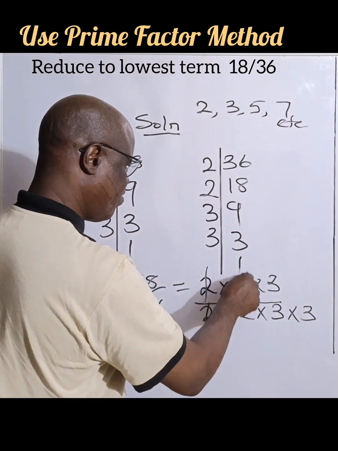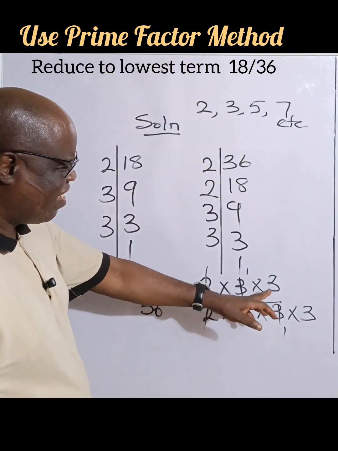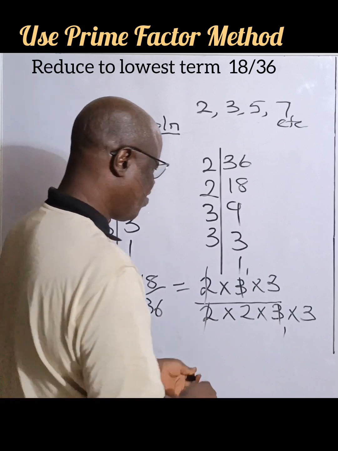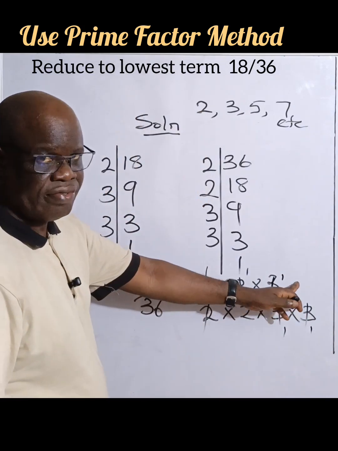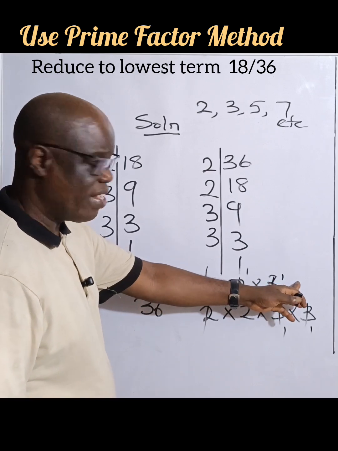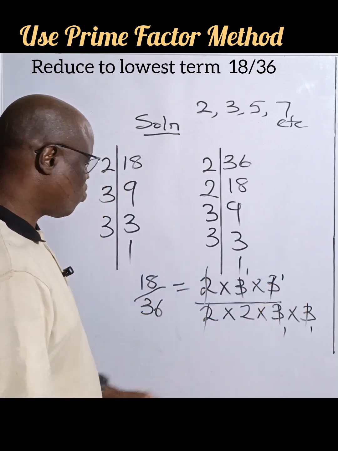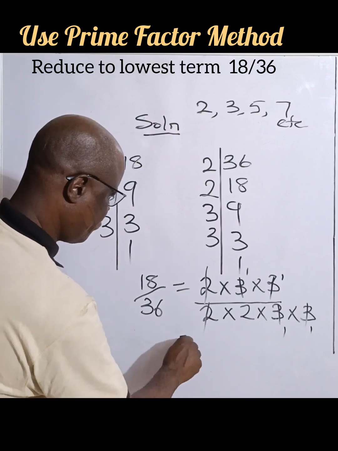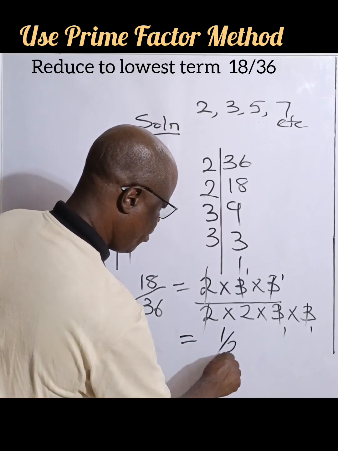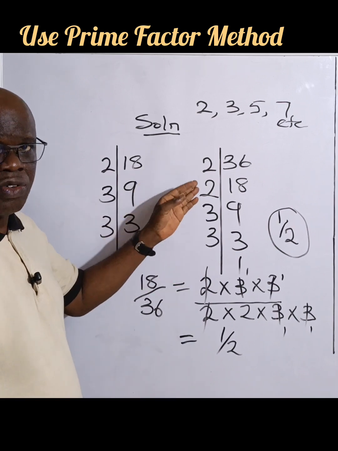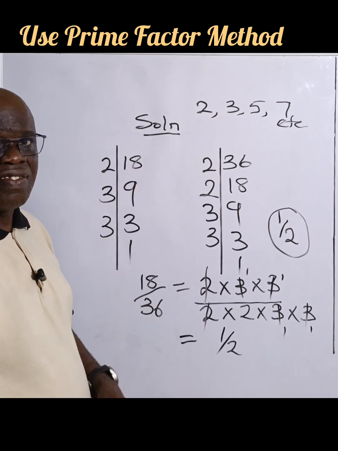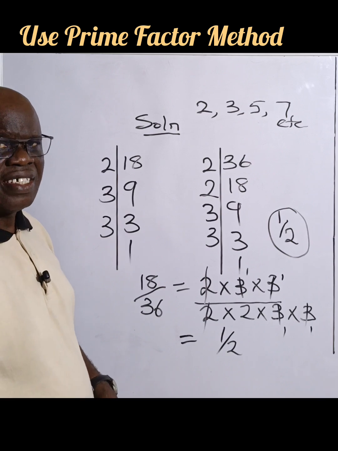Then 3 goes here, 1, 3 goes here, 1. Oh, we still have 3 here. Cancel this. Nothing is left here again, which means we have 1 here. This is 1 all over 2. So the answer is 1 all over 2.